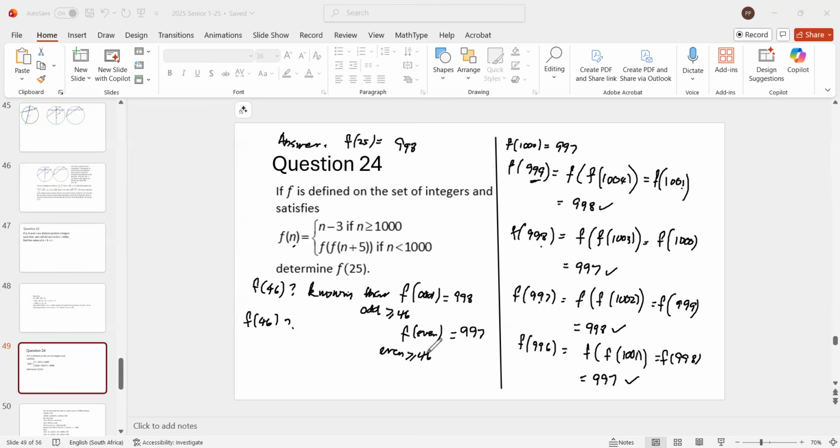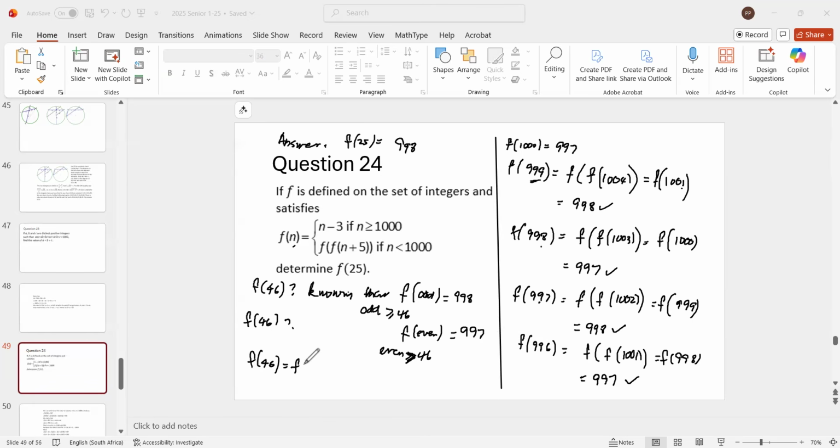997. It's not greater than 46, so we don't know whether f of 46 is going to be 997. We don't know that. So let's do it. I'm going to prove that f of 46 is 997. What is this?